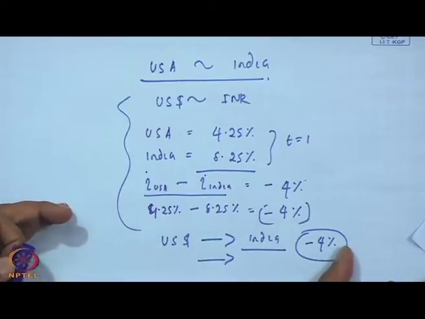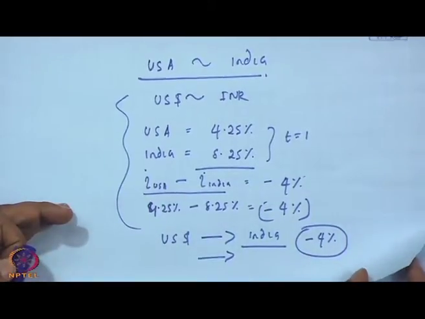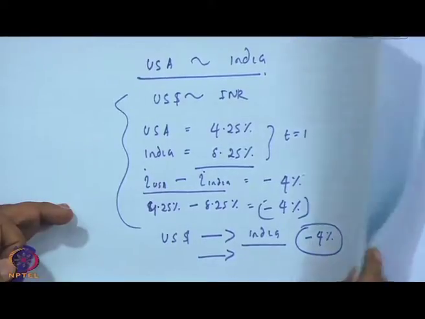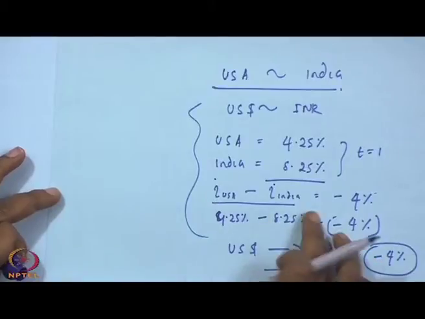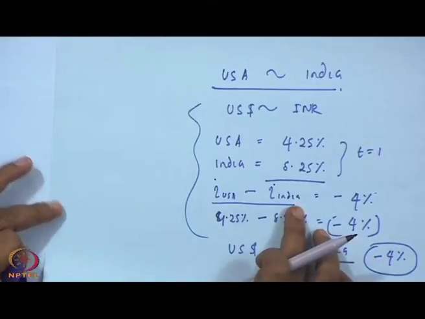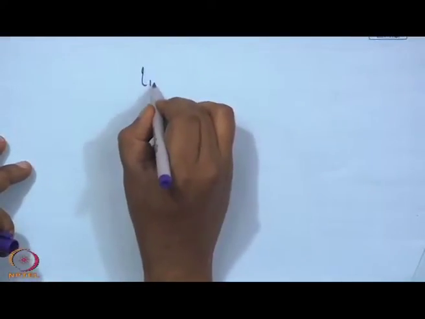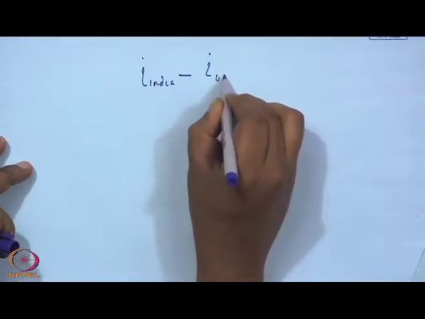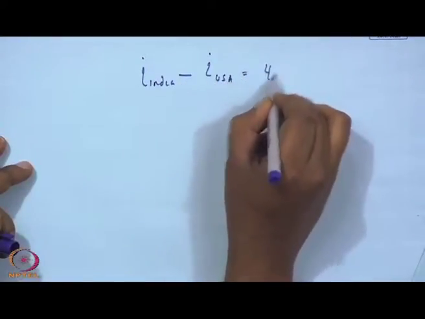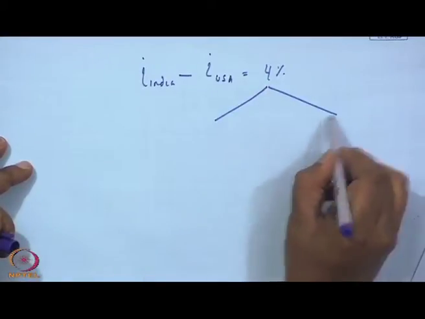So, either the expected depreciation of rupee may lead to wiping out the interest rate differential, that is, two-way possibilities are there. First way, that interest rate in India minus interest rate in USA, which is available as 4%, may be adjusted in two ways.